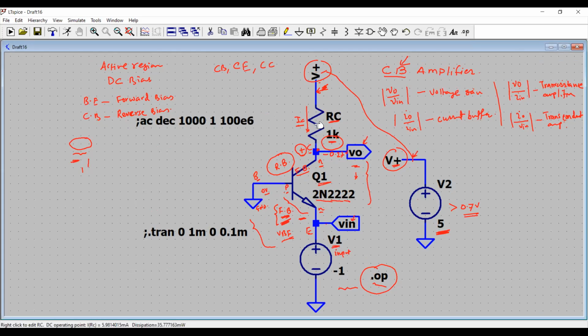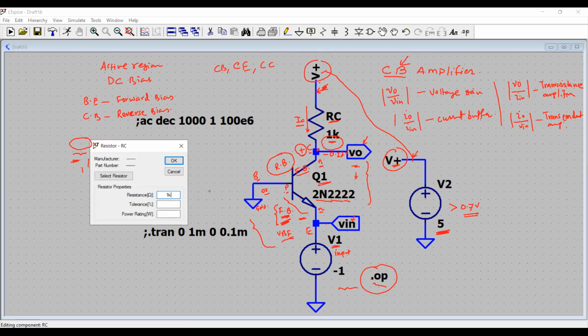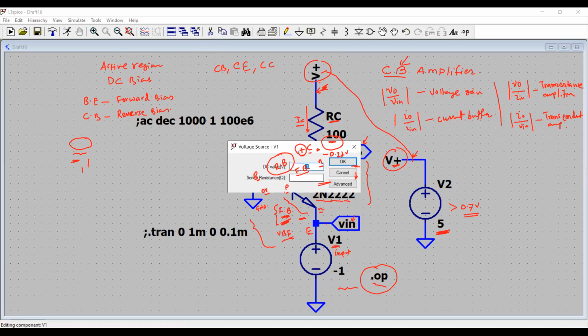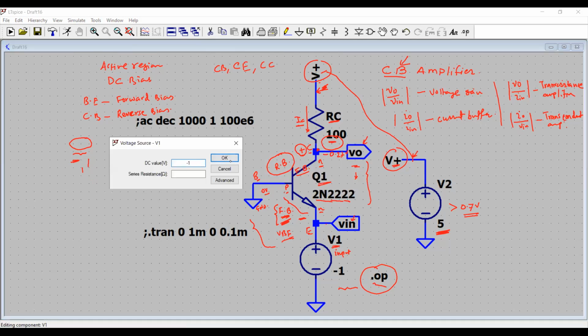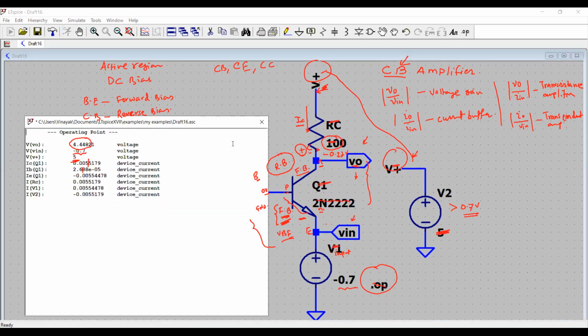So let's say we use the value of resistor, instead of 1K, we use 100 ohm. Okay, and we go back to our original value of negative 0.7 just to forward bias the diode, and we'll see now how things show up. That's very good.